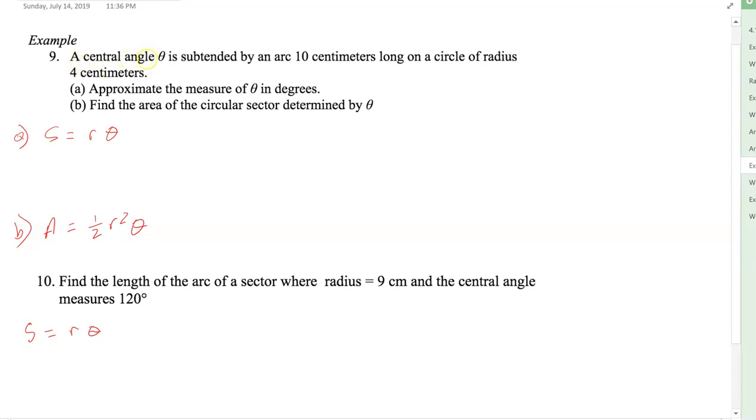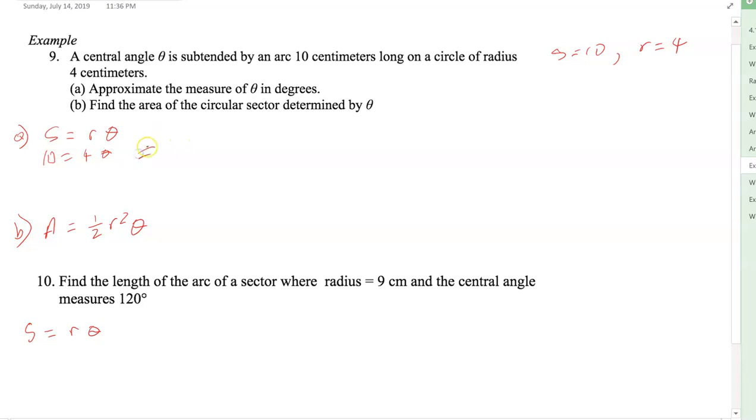Example: a central angle theta is subtended by an arc 10 centimeters long on a radius of 4 centimeters. Approximate the measure of theta in degrees. So s is equal to r theta. We know from this that s is equal to 10 and r is equal to 4. So we plug those in: 10 is equal to 4 times theta.